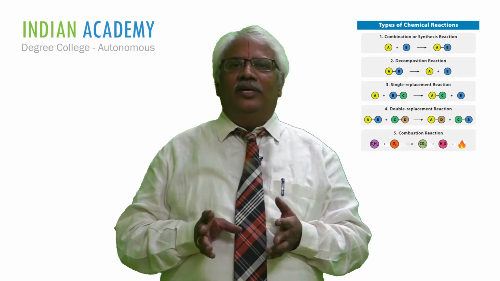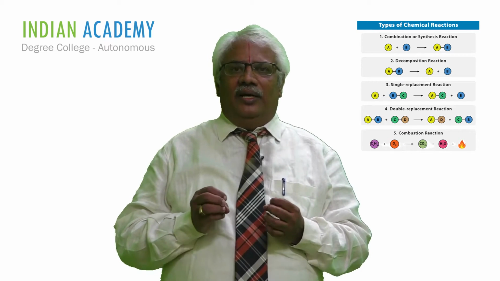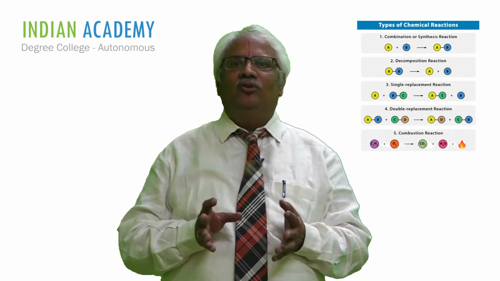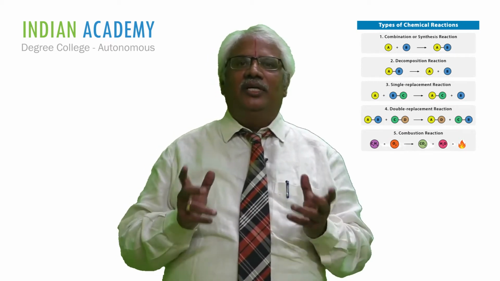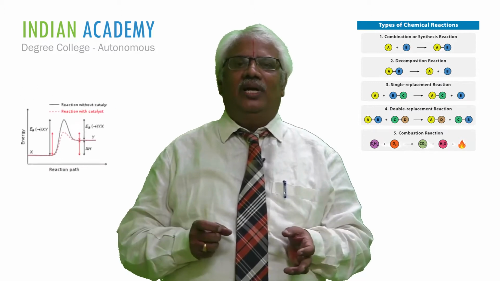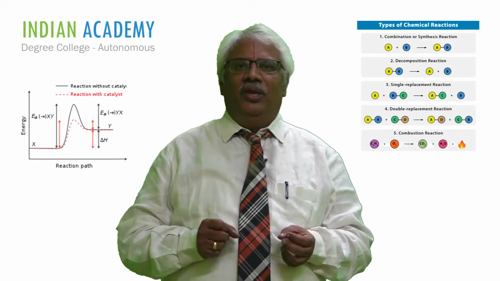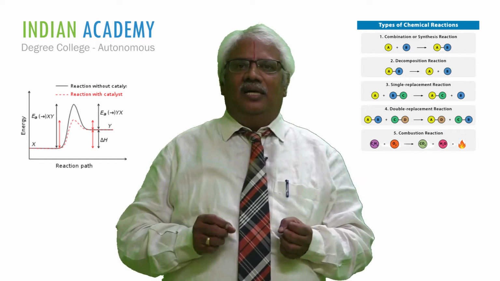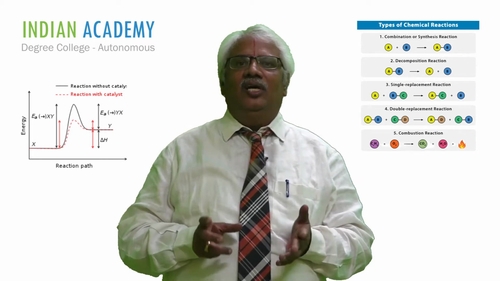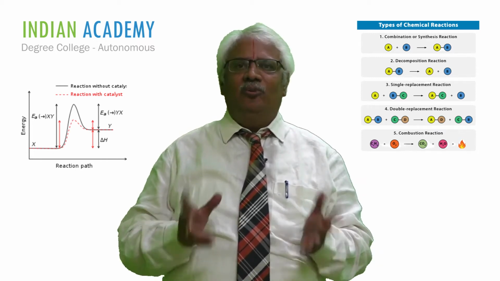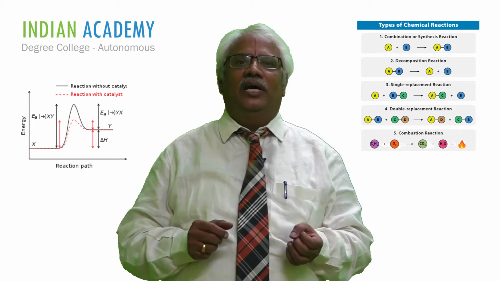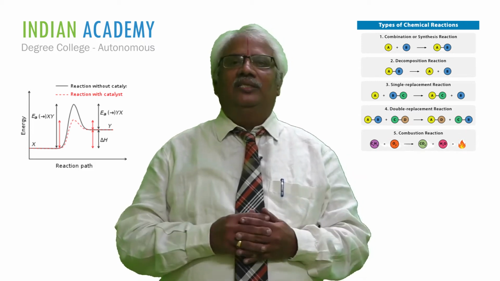Now, if you want to understand the reaction of A plus B gives product, first we have to understand the kinetics behind this reaction. What is kinetics? The study of the rates at which chemical reactions proceed is called chemical kinetics.